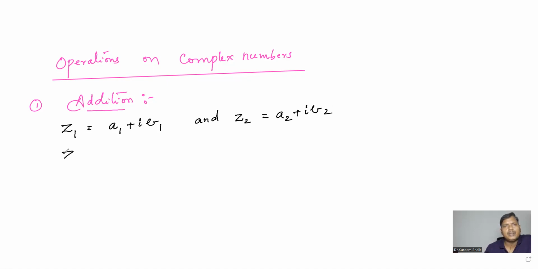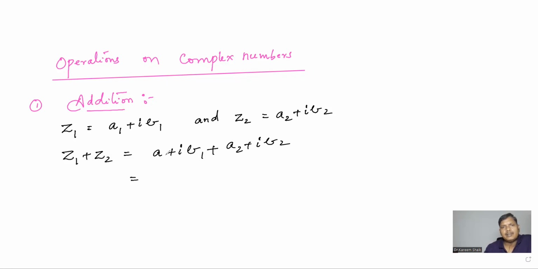I want to find Z1 plus Z2. Z1 is nothing but A1 plus iota B1, plus Z2 is nothing but A2 plus iota B2.